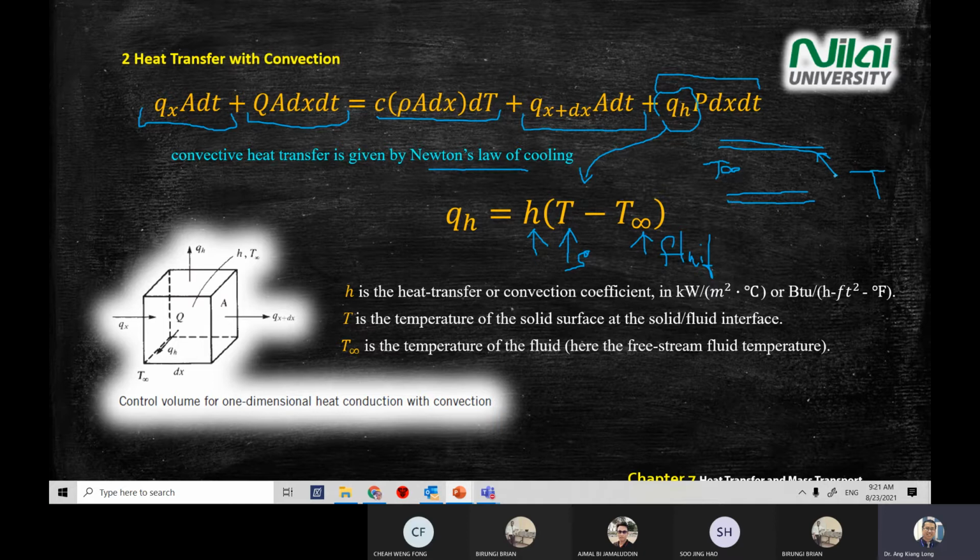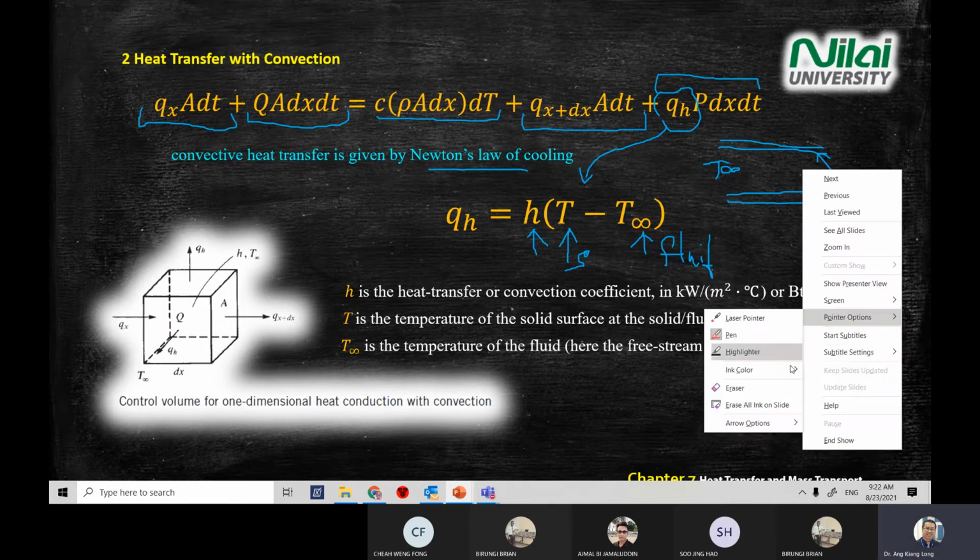When you need to calculate the convection, you are focusing on the interface, the contact surfaces, and the fluid. So you take T minus T infinity, the solid surface temperature minus the fluid temperature, and this is multiplied by the convection coefficient.